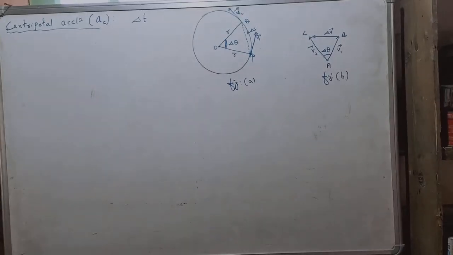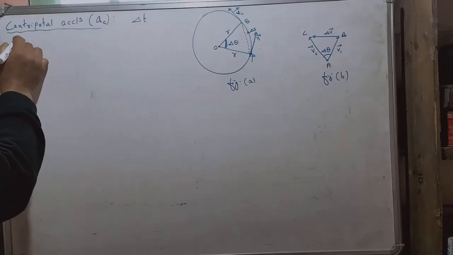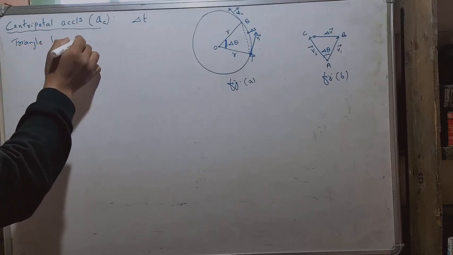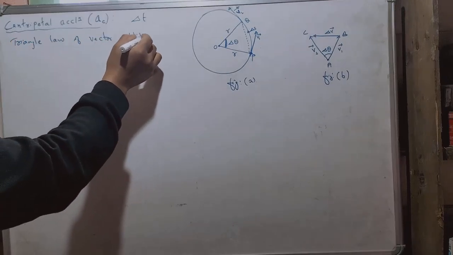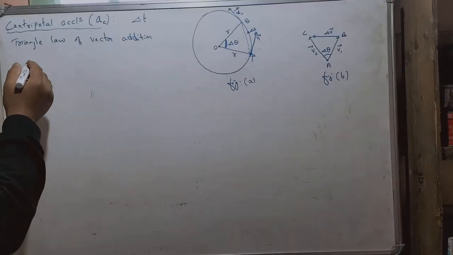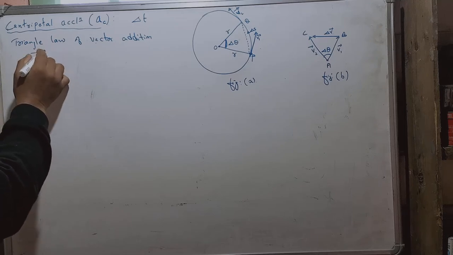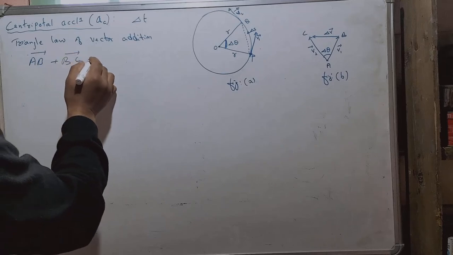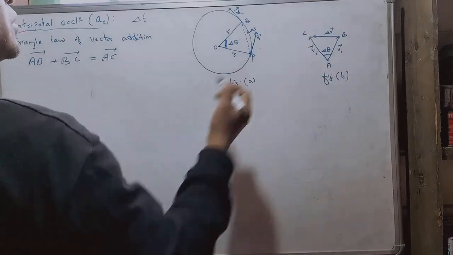Using the triangle law of vector addition in this figure, figure B, we can say AB arrow plus BC arrow, taking in the same order, equals the third side AC arrow, which is taken in the opposite order.